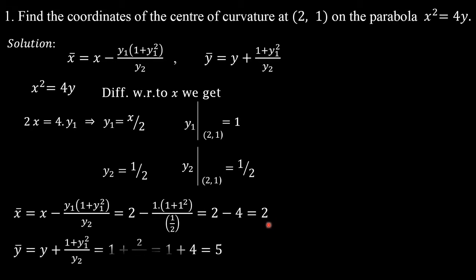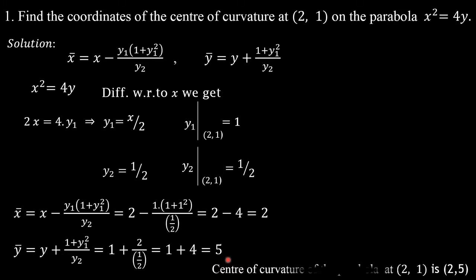Then the corresponding value of y bar is given by y plus (1 plus y1 square) divided by y2. Substituting the values of y1 and y2, the value of y bar will be equal to 5. So what are the coordinates of the center of curvature at the point (2, 1) then? The coordinates of the center of curvature at the point (2, 1) are (2, 5). Hope it is clear to you.